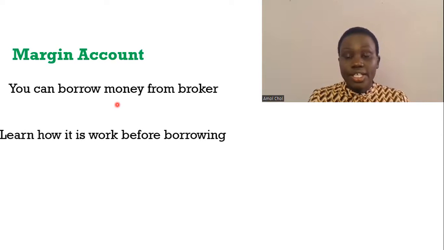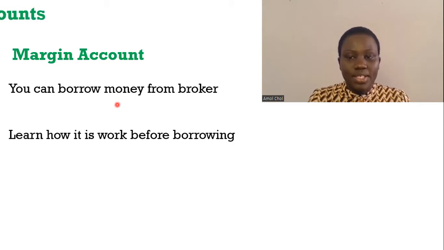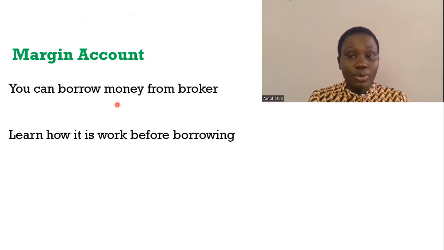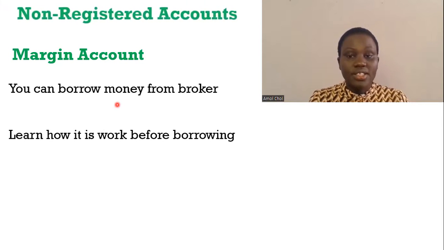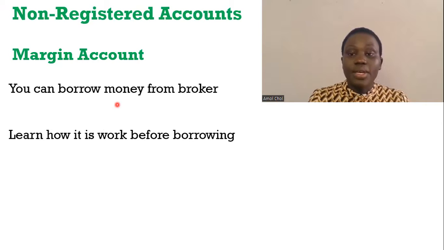You can do your trading activities and make more money using other people's money. But you have to be very well experienced to use this account because it's dangerous. You can borrow that extra 1,000, invest it in some other stocks, and then later on you lose your stock. What happens is you will pay back the 1,000 that you borrowed, and also you have to pay interest on that account.